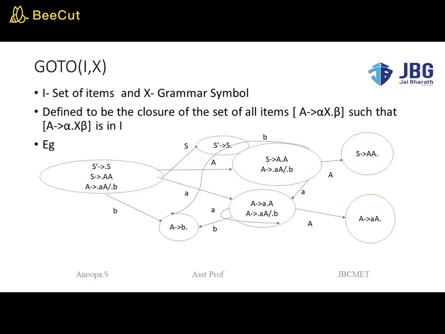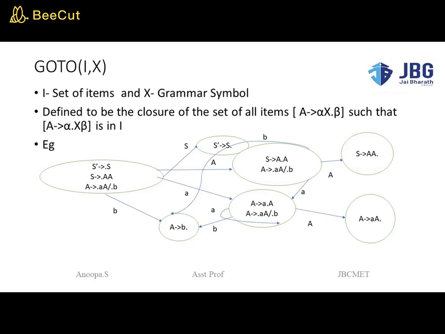Okay, so S' giving dot S is included as a kernel item, and all other items whose dot is not at the left end are kernel items. Now we'll see what is a non-kernel item. All items with a dot at the left end except for S' giving dot S are the non-kernel items. So that is the definition of kernel and non-kernel items.